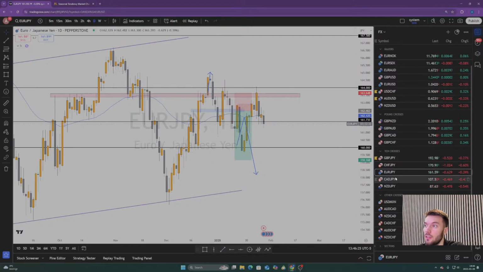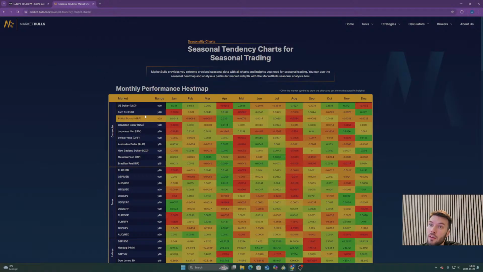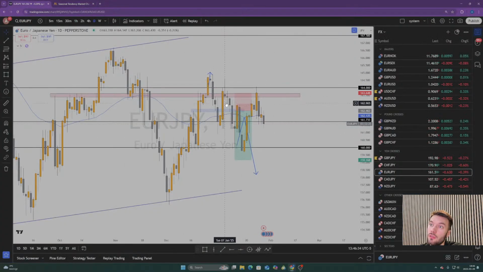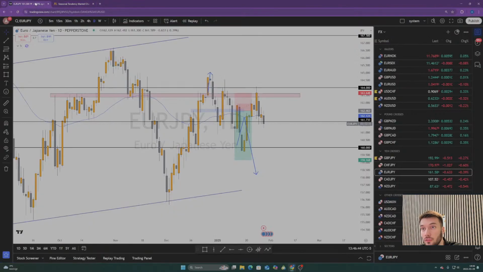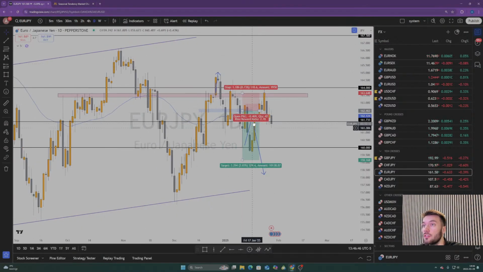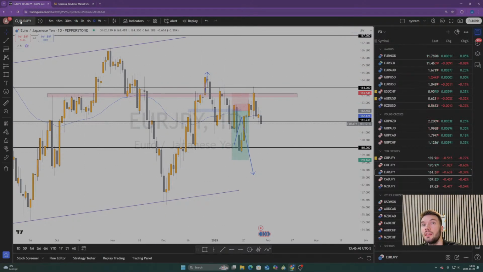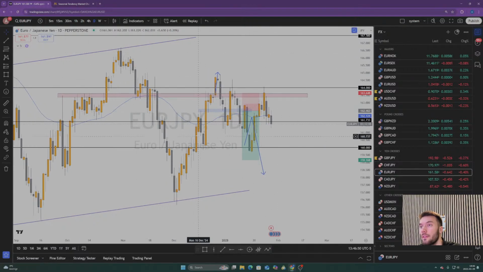So basically, if we have the euro as the base currency and the Japanese yen as the quoted currency, if the seasonal tendency says for the 20-year that euro is going down in general in January, that's a bearish confluence, a confluence to the downside for any euro-based currencies. So that's the idea here.